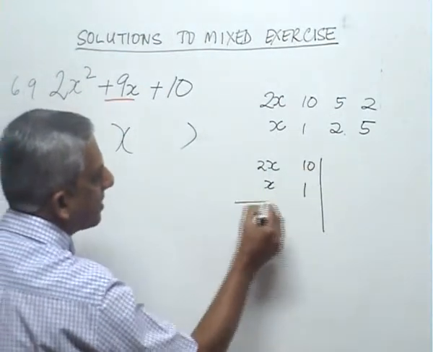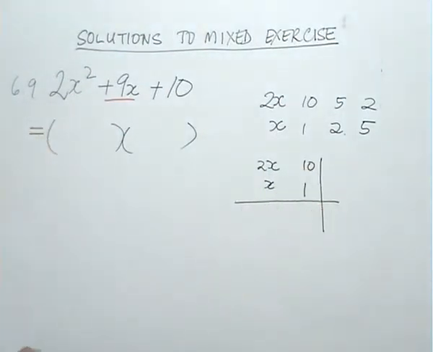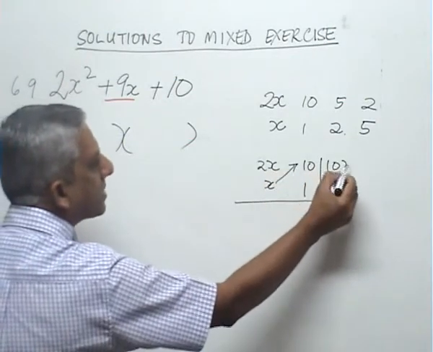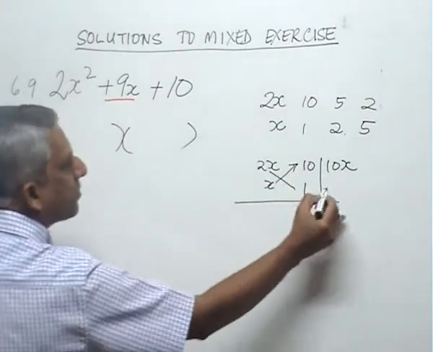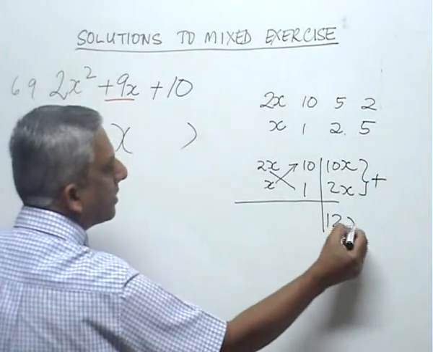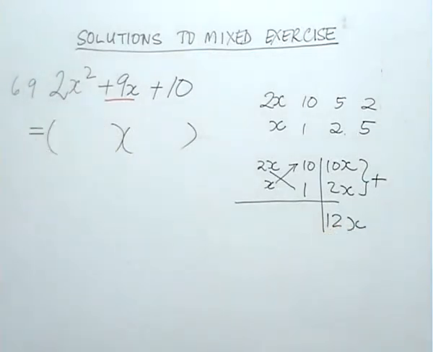He felt that these were the factors. Then he'll test it, or she will test it. That will give you 10x. 2x times 1 will give you 2x. Add them up, you get 12x. Then when you compare 12x to 9x, you realize this is wrong.